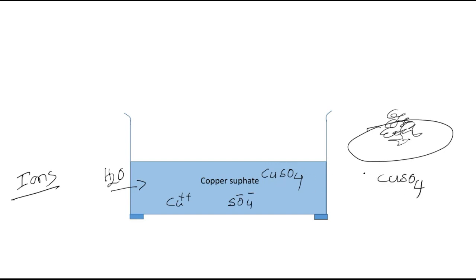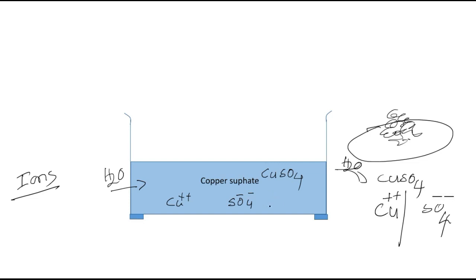The moment water is allowed inside, then copper is separated and SO4 is also separated out of this copper sulphate, and they give and take electrons, and copper becomes positively charged and sulphate becomes negatively charged, right? So this is the status of this copper sulphate solution when water is added into it.